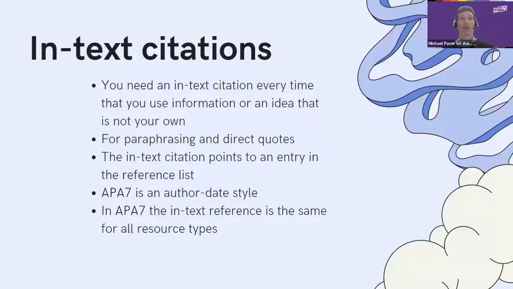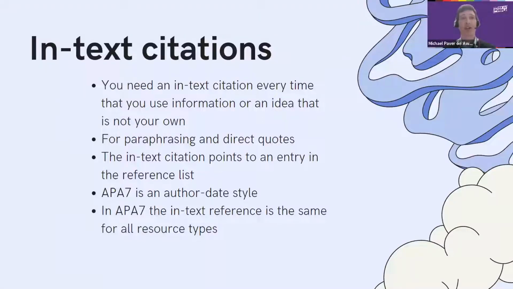Now there's two different types. So there's for paraphrasing and direct quotes. So paraphrasing is when you're taking the information that you've read, you're working that idea into your narrative using your own words. You're not copying the words from the paper exactly. You're paraphrasing.